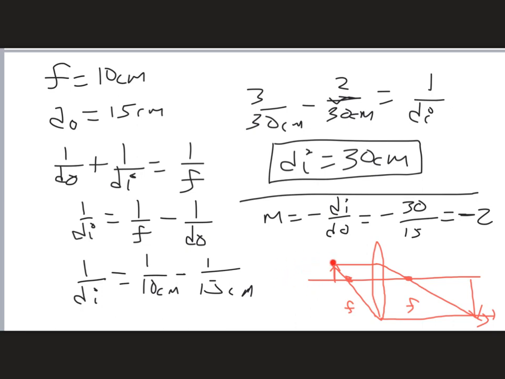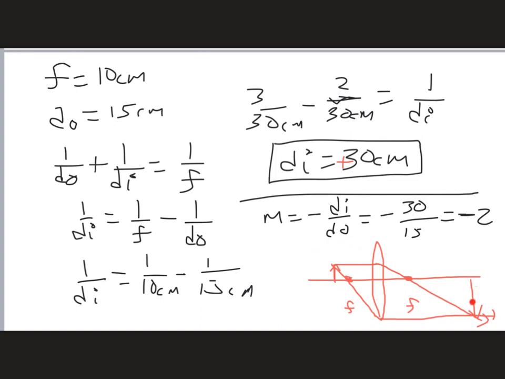But for a lens, we expect the light to pass through the lens and form the image on the opposite side. So this is the correct side, and when the image forms on the correct side, it is said to be positive. So this positive 30 here is telling me that my image is going to be on the right side of the lens, which is coincidentally the correct side of the lens, compared to my object, which is on the left side of the lens.